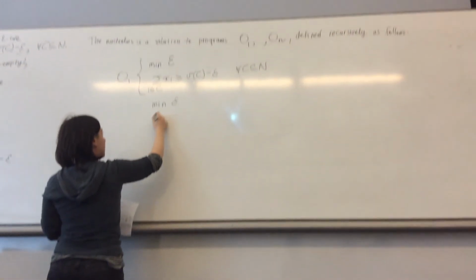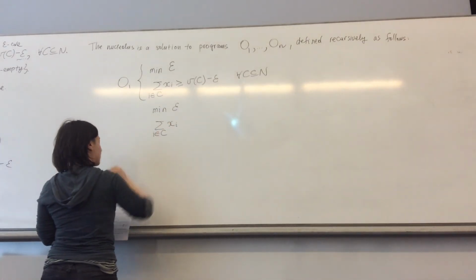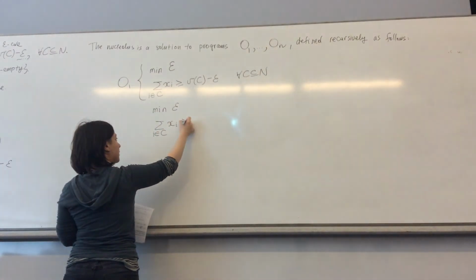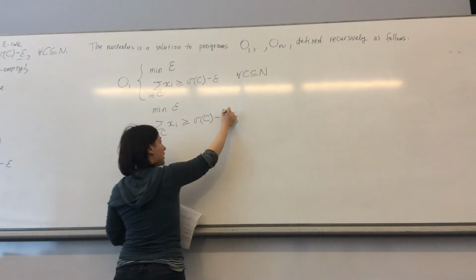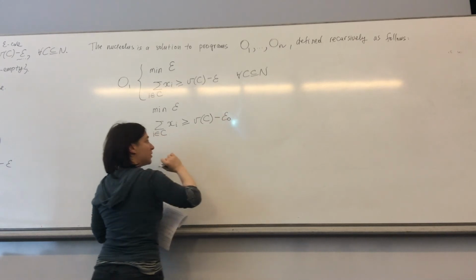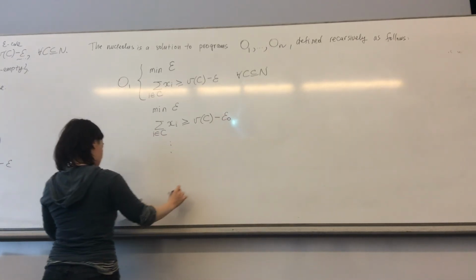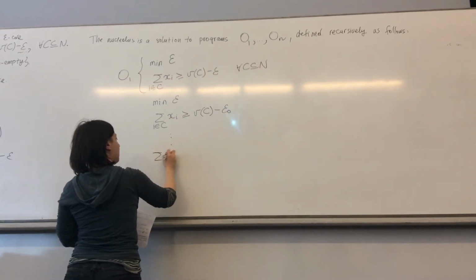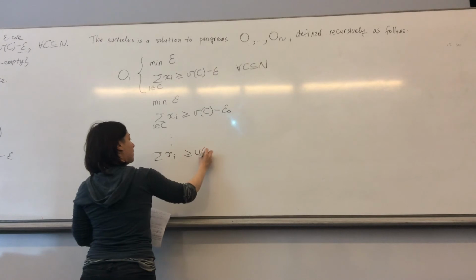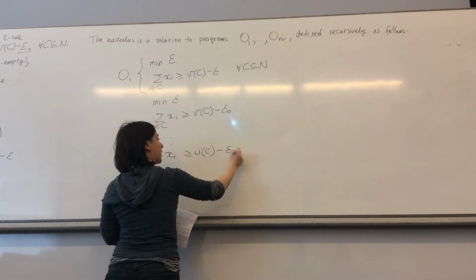So the sum of the agent payoffs for each coalition would be greater or equal than the value of that coalition minus epsilon 0, then there would be epsilon 1, and so on, epsilon j minus 1.